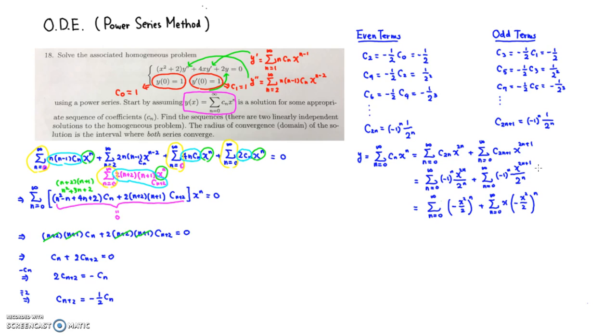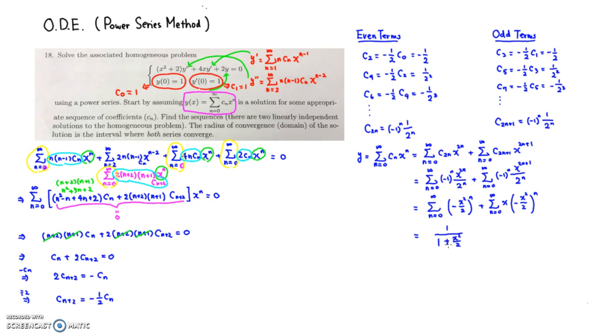This looks like a geometric series, so the sum is a over 1 minus r, where a is the first term. If it's 0, it's 1 over 1 minus r, and r is just this, negative x squared over 2.